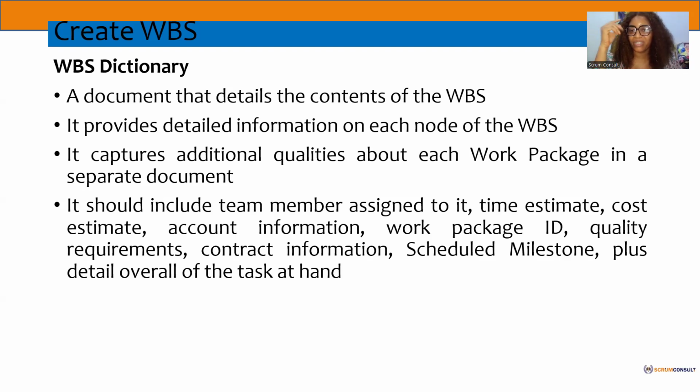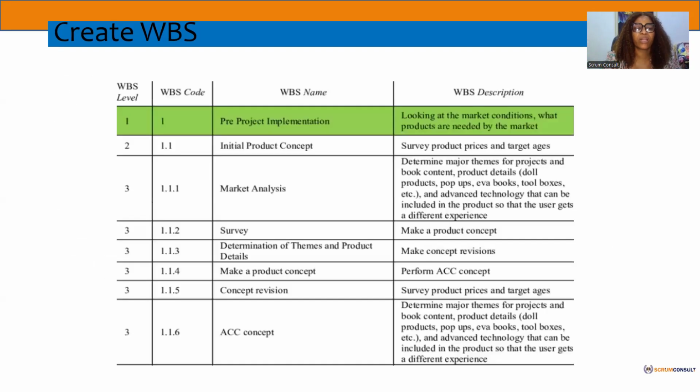For each work package, for instance, it gives a more detailed description. For instance, we talked about juice. You can go to your WBS dictionary and say, oh, this juice we are talking about shouldn't be made with herbs. It should be only fruit juice. It is just describing the work breakdown structure.